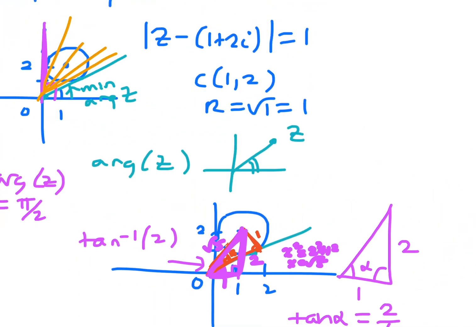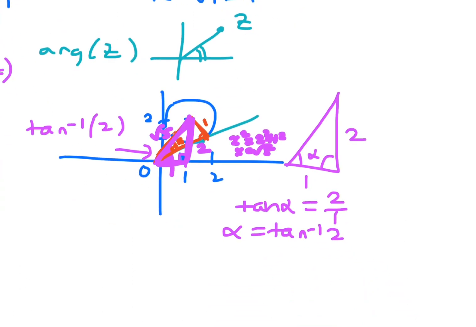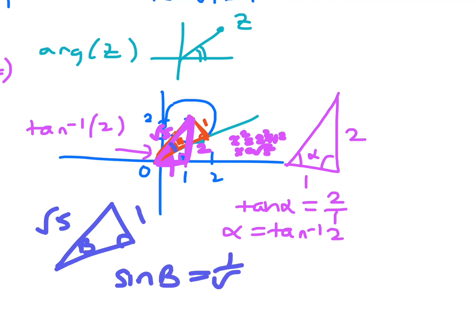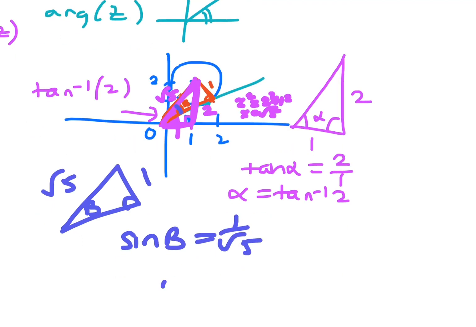Okay, so when we're looking at that, that means that if we wanted to get beta, which is the one inside the red triangle there, so that's 1, that's root 5, and this here is beta. Then if we did sine beta, we get 1 on root 5. That means that beta is sine the minus 1 of 1 on root 5.